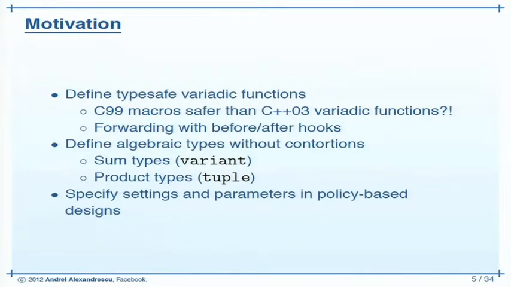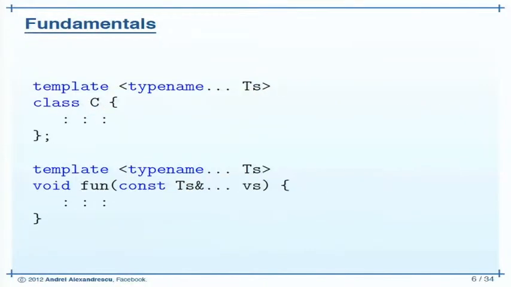Tuple would be a product type, which would hold a juxtaposition of different values of different types, arbitrarily long. And then I'm not going to insist too much on that, but I'm going to talk a bit about using them to specify settings and parameters in policy-based design, a subject that is, of course, dear to my heart.